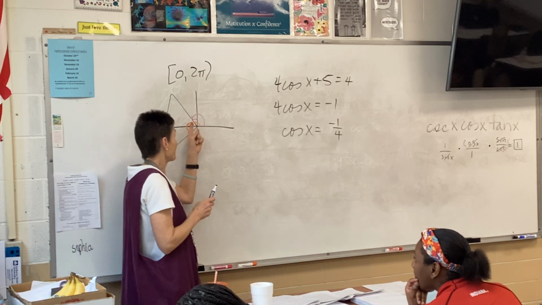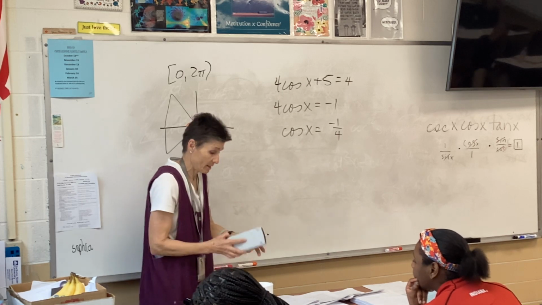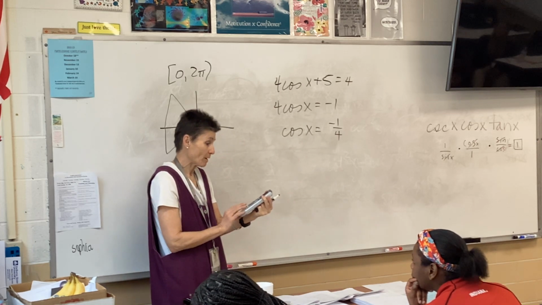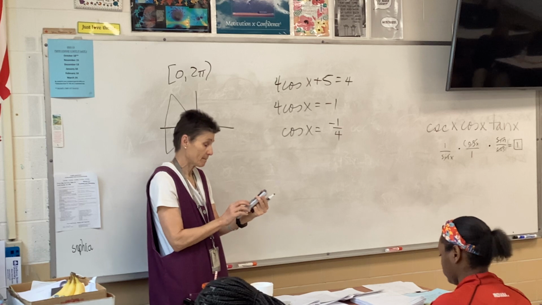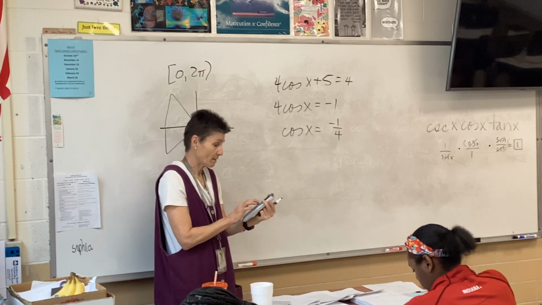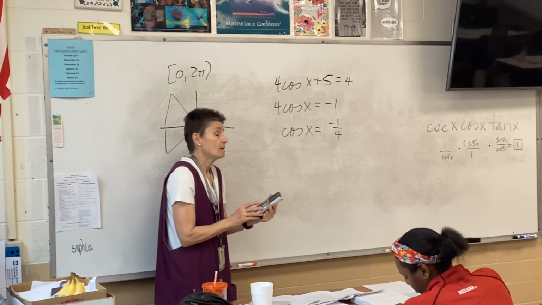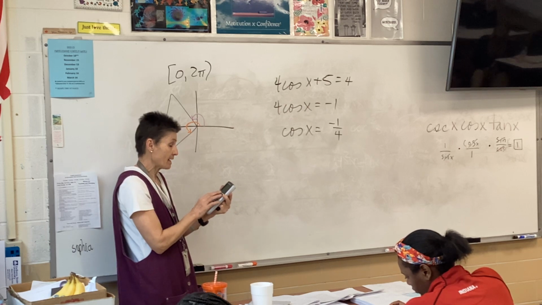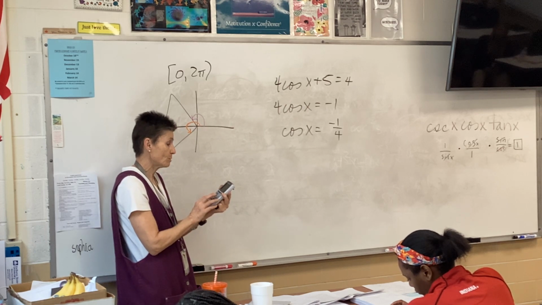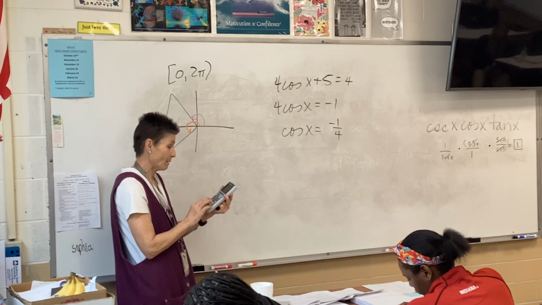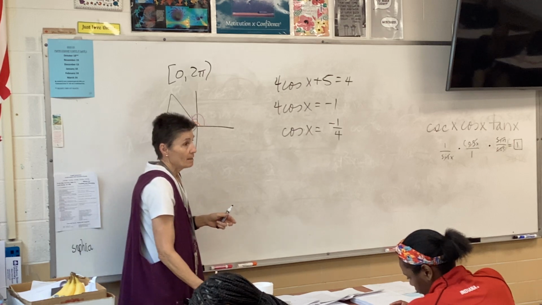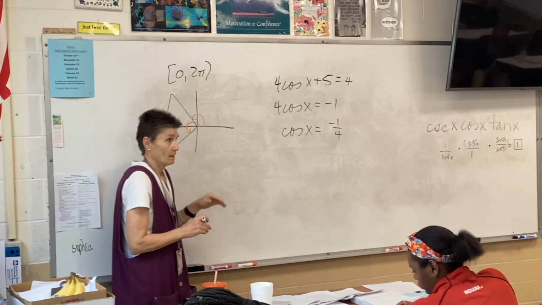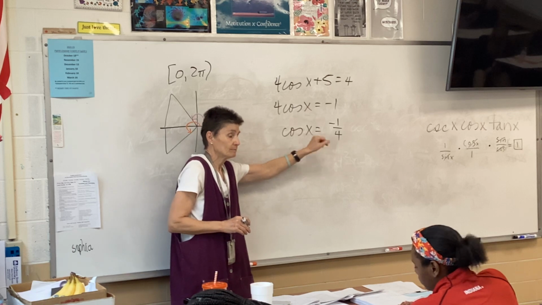Now, I don't know how big that angle is, so I need my calculator, and it needs to be set in radians. I'm going to double check. I am not, so I'm putting it in radians. And now I'm going to type second cosine 1 divided by 4. Now, I know that number's negative.